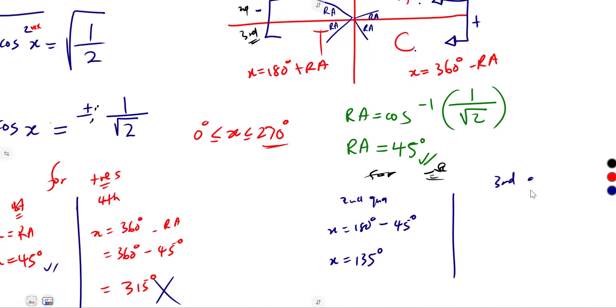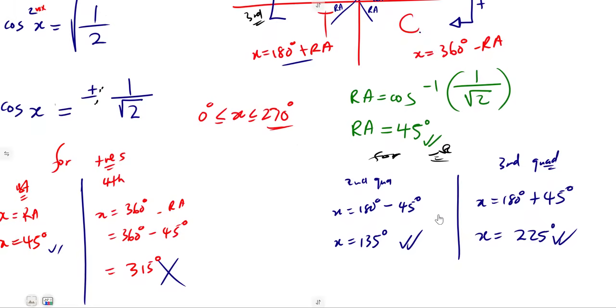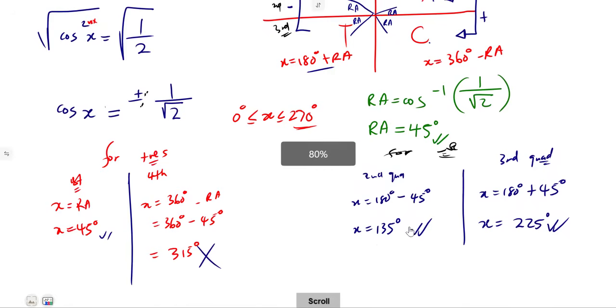Then the other one is in the what? In the third quadrant. And in that quadrant, 180 plus our reference angle, which is 45 degrees. You're going to get all the possible solutions in that interval. That was going to give us 225 degrees. These angles are within 0 to 270 degrees. They are within the given interval.